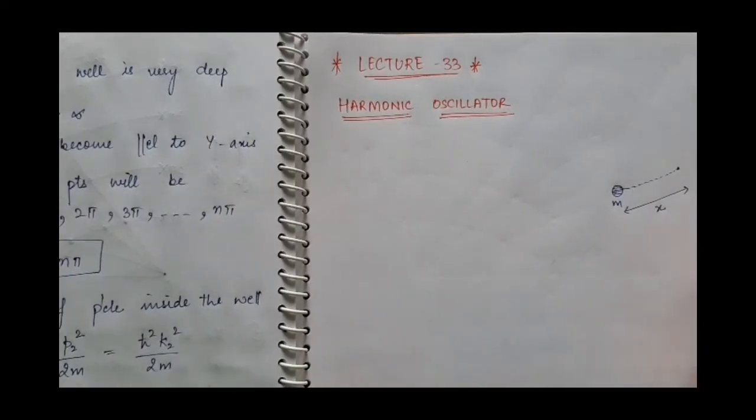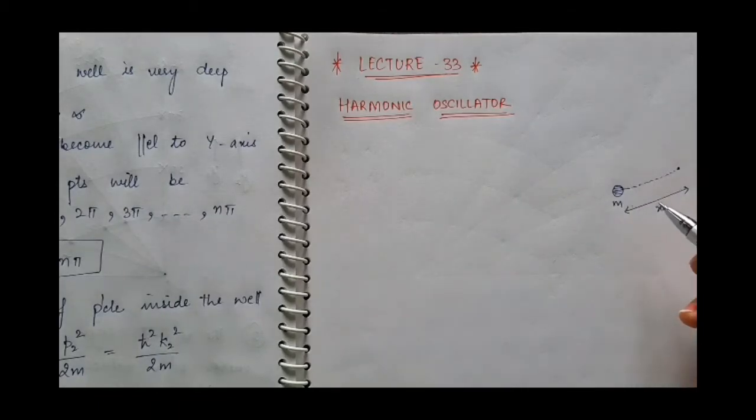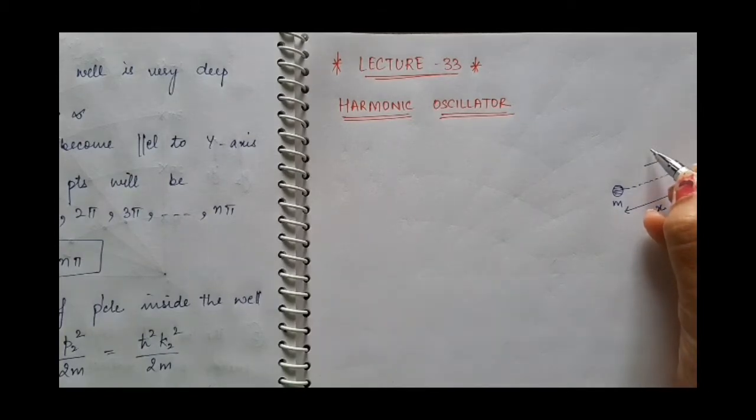Then a restoring force will develop in this particle and it will restore its position with the help of that restoring force. We are displacing the particle in this direction, and the restoring force will try to move the particle in the opposite direction.